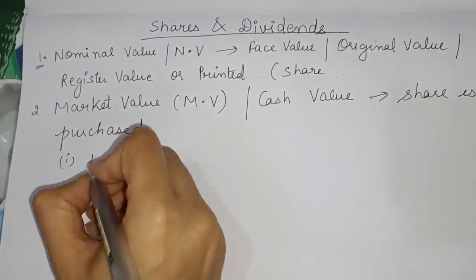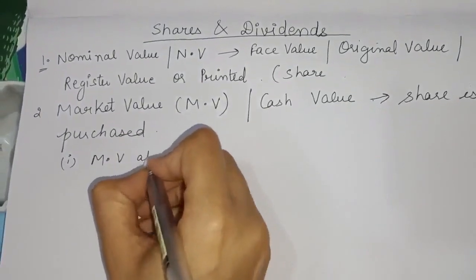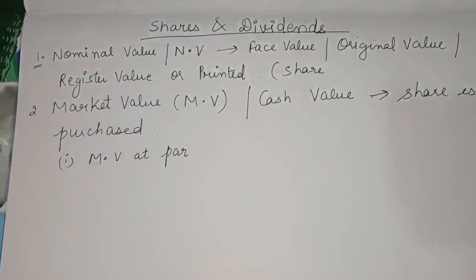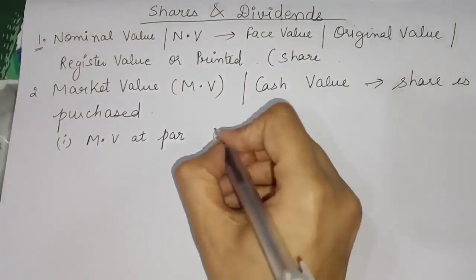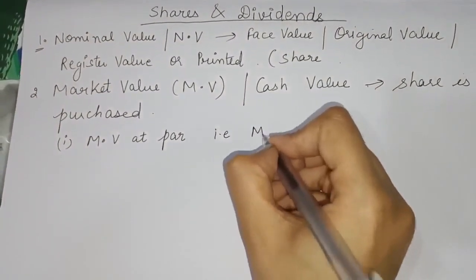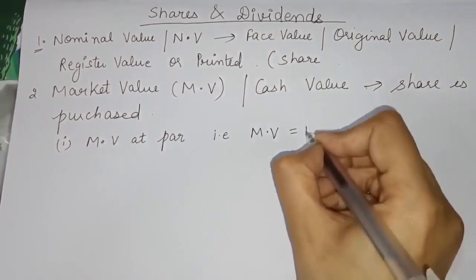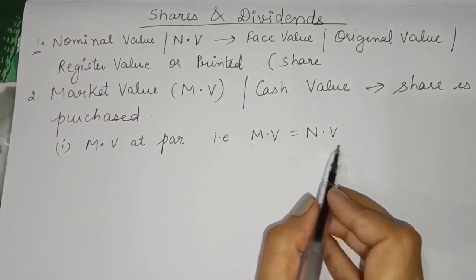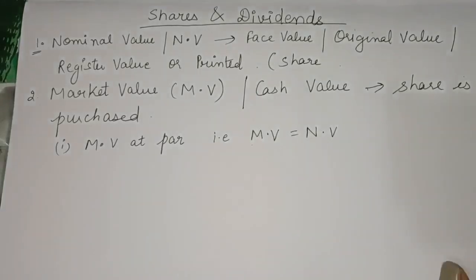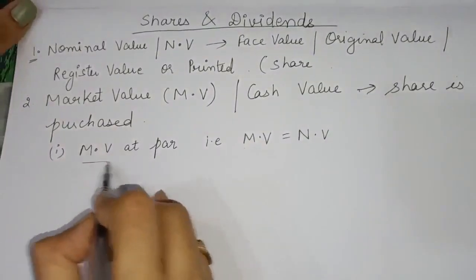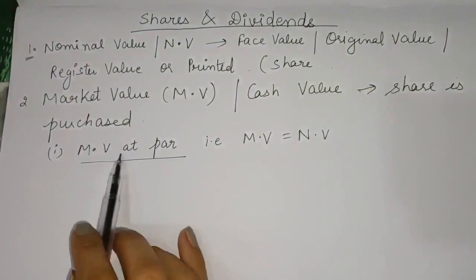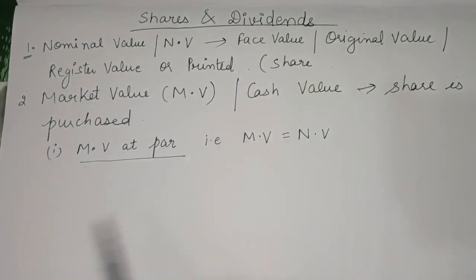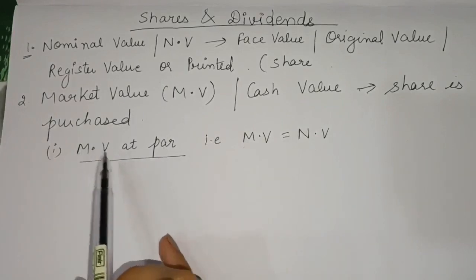First one is MV at par. At par means the case when MV is equals to NV. That means market value is equals to nominal value. So this terminology you can expect in the questions, and in question it might be given like market value is at par.